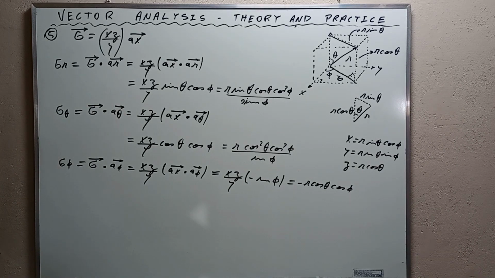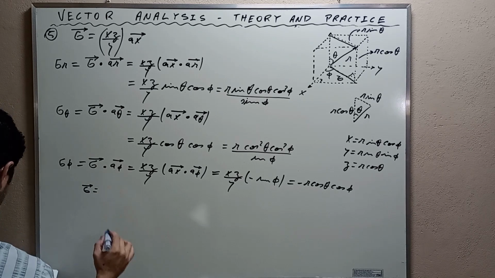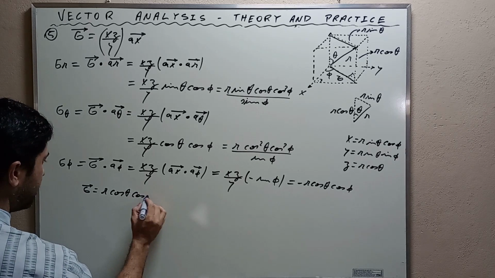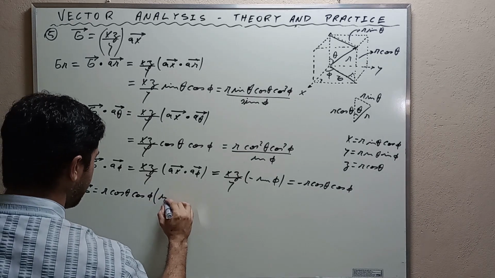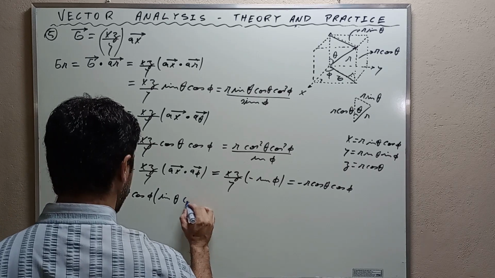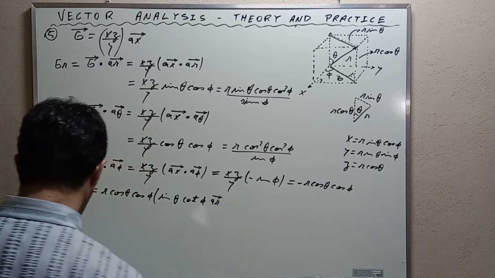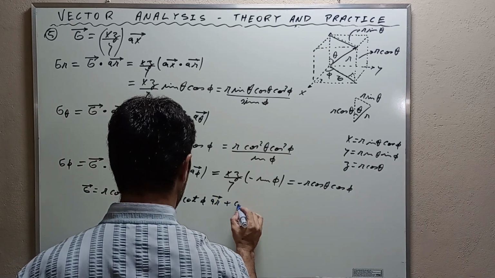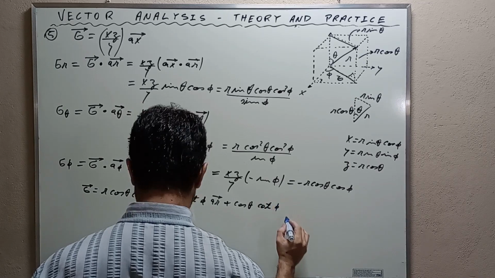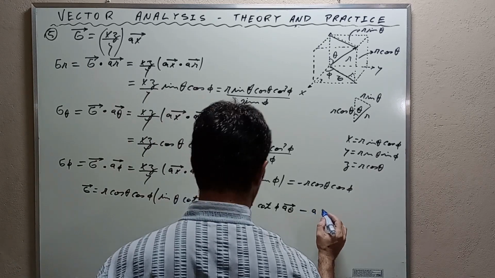And collecting the results, we ultimately find that G is equal to r times the cosine of theta times the cosine of phi, sine theta cotangent phi in the AR direction, plus cosine theta cotangent phi in the A theta direction, minus A phi.